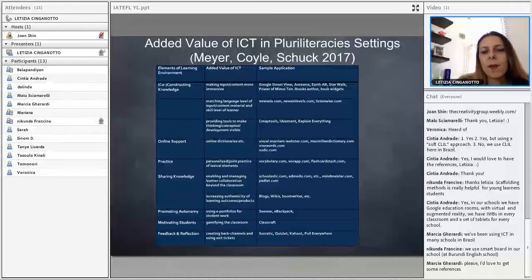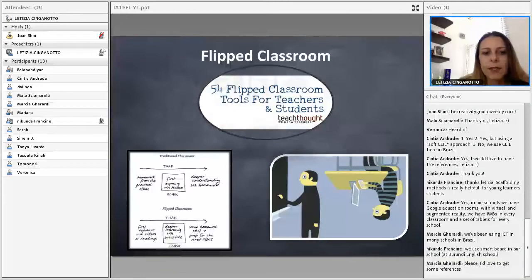So this is a comparative study that has been done to highlight some of the most common web apps and tools, and how you can reach these objectives with your students. So highlighting the added value of ICT for these particular purposes.